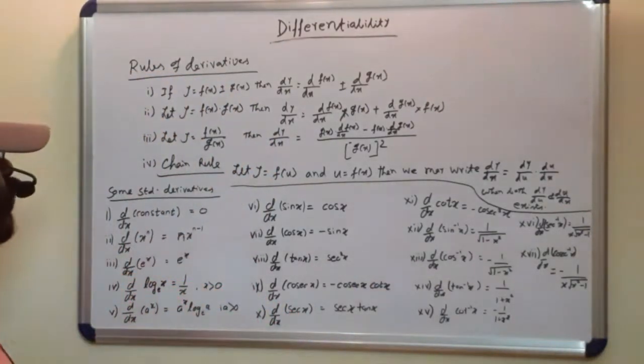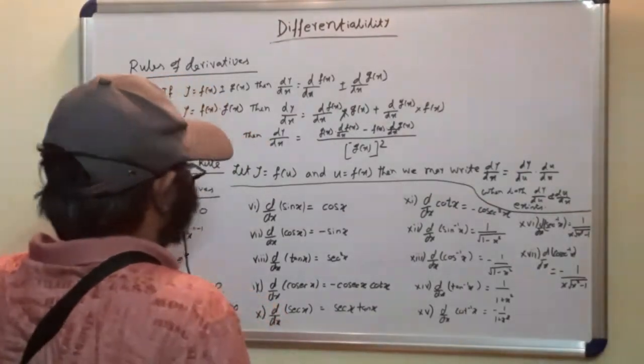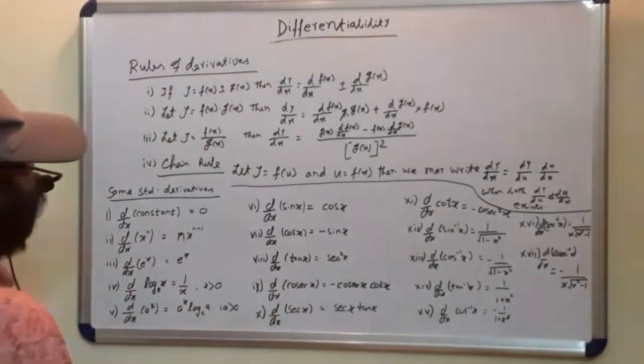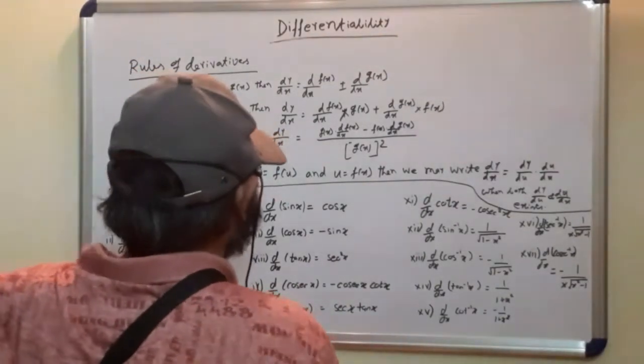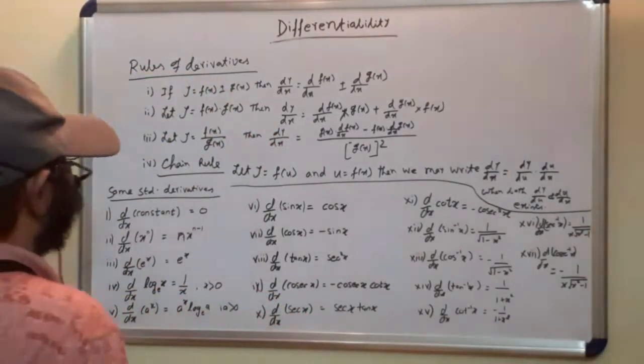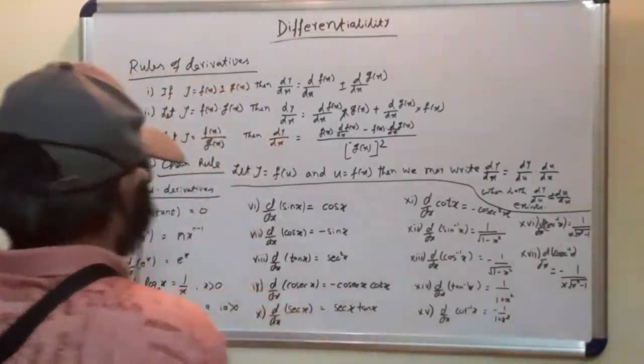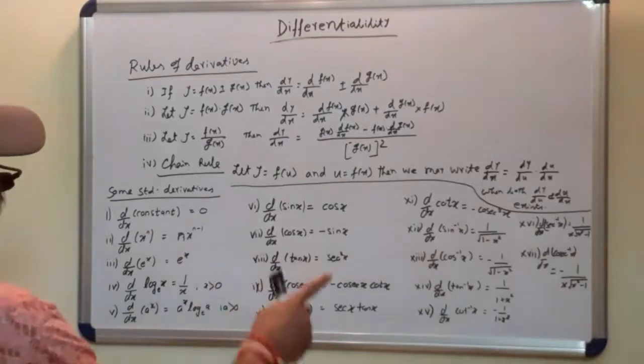Number 4 is the chain rule. Say y equals f of u, a function of u, and u is a function of x, that is u equals fx. At that point we are not directly in a position to find dy dx, since y is not directly a function of x; it is a function of u and u is a function of x.